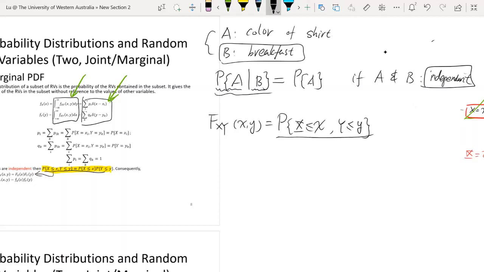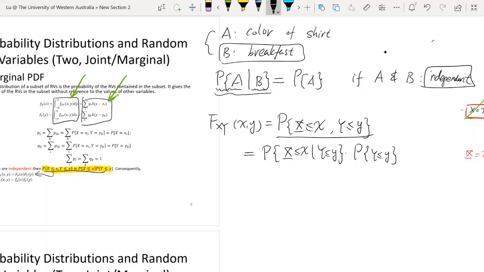As we mentioned in the first slide, by using Bayes' theorem, this is equal to a conditional probability multiplied by the probability of the condition.